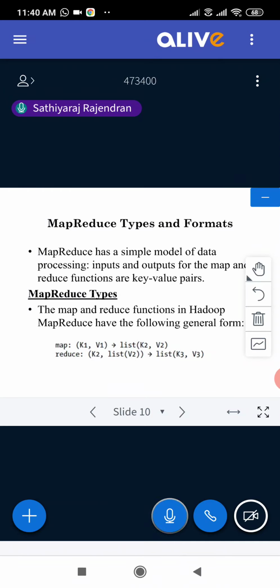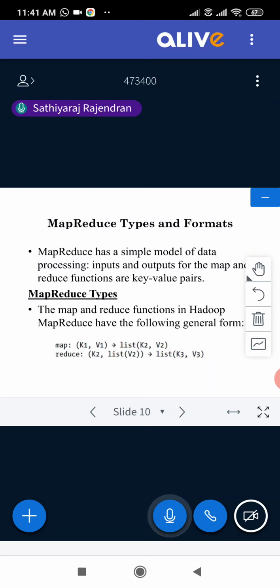What it is doing is combining. Let me take this list as a set of 20 values. For example, if I take a set of MTech second sem students, I can see a total of 5 students. If I write name, the key will be the same, but the values will be different: first student, second student.